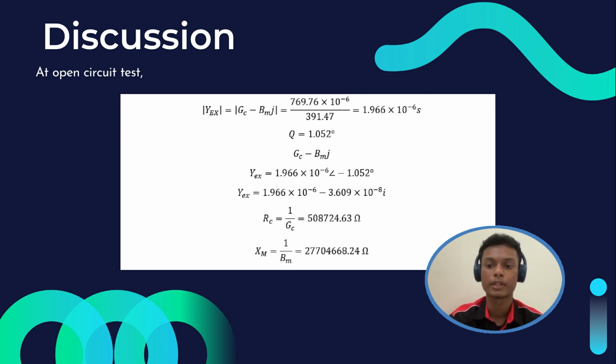The value of Y_EX is 1.966 times 10 to the power of negative 6 with angle negative 1.052. The value of R_C is 508724.63. The value of X_M is 27704.668 ohm.